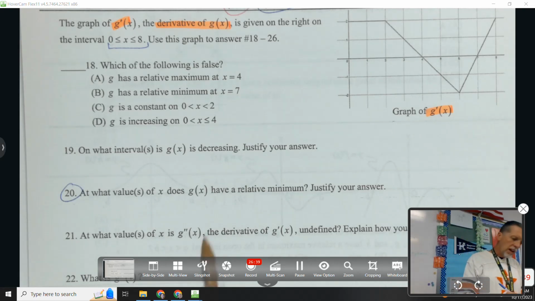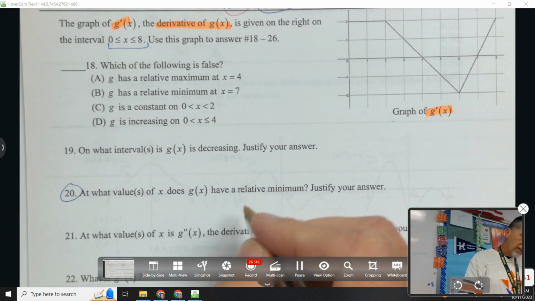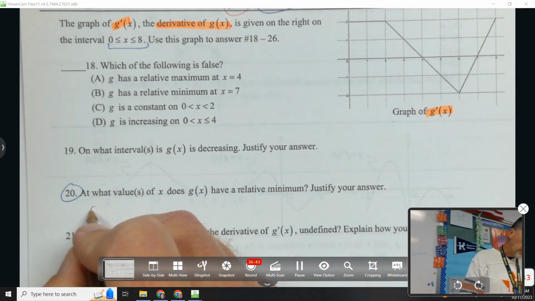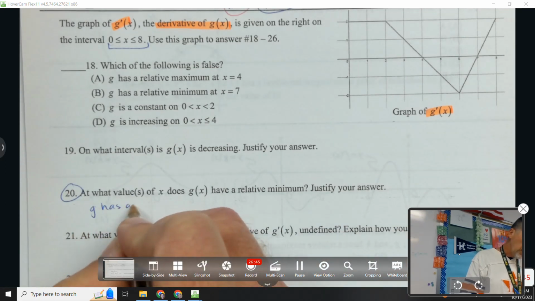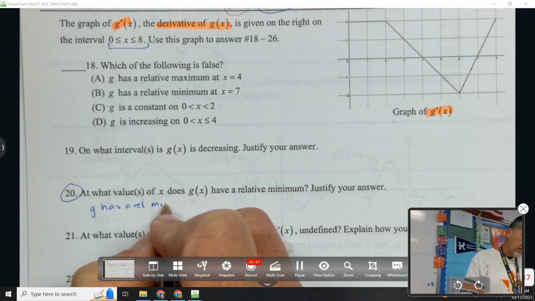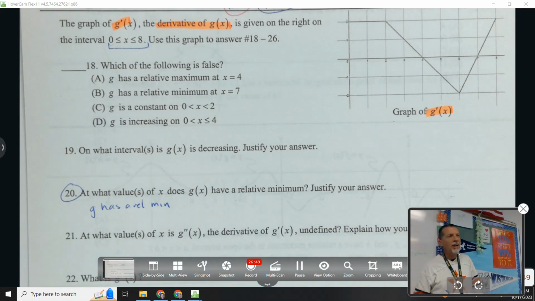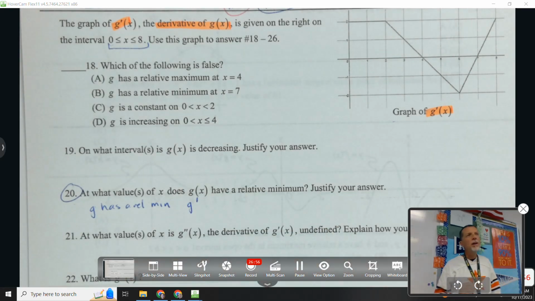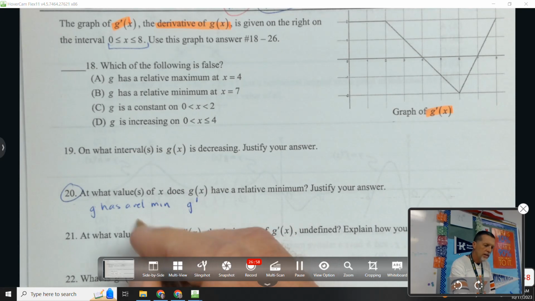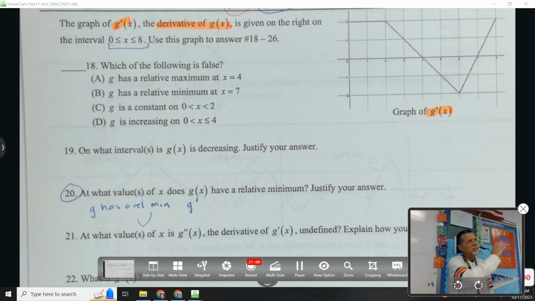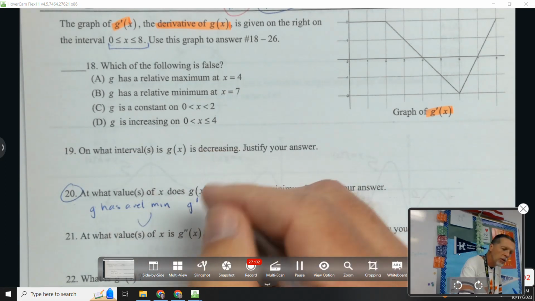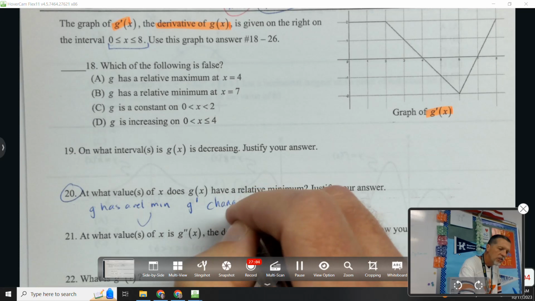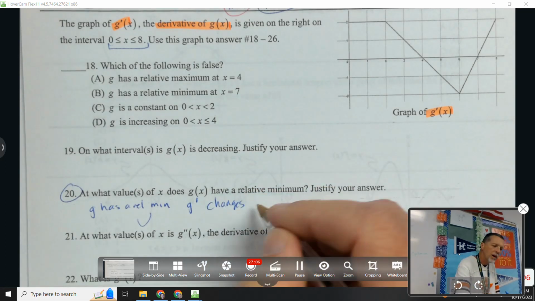Number 20. At what values of x does g have a relative minimum? Justify your answer. Well, I like justifying first because then I know what to look for. So g has a relative minimum when g prime changes negative to positive.